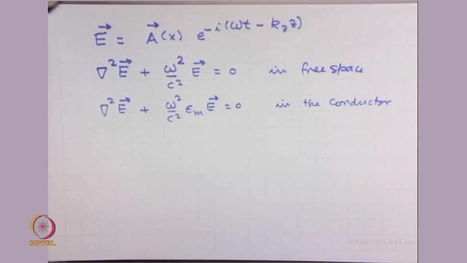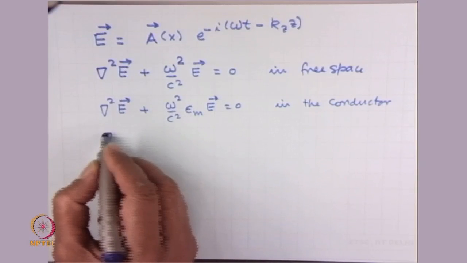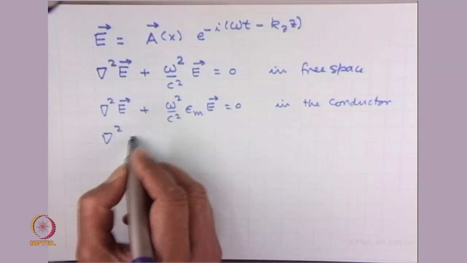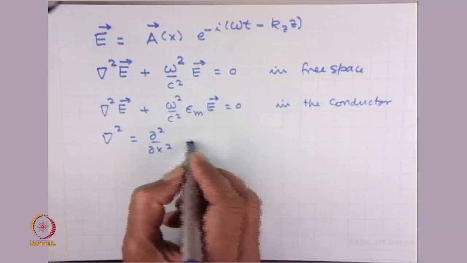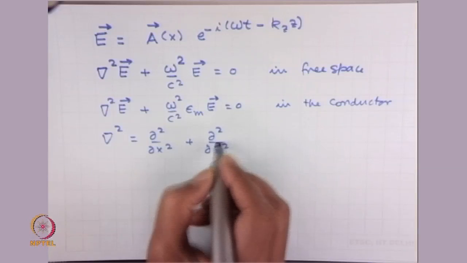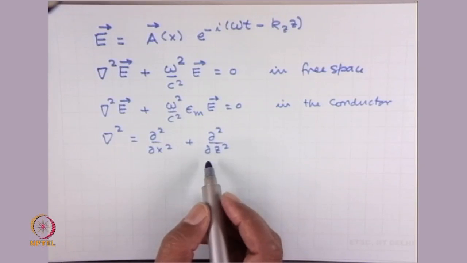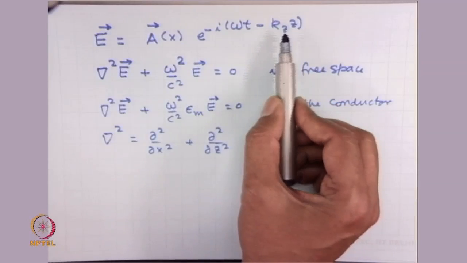This equation is true for the x component of the electric field as well as for the z component. Let me write this down for the z component of the electric field. Del square is d2 dx square plus d2 dz square, but we have already taken the z dependence of the field, whether in free space or in the conductor, to have this form.